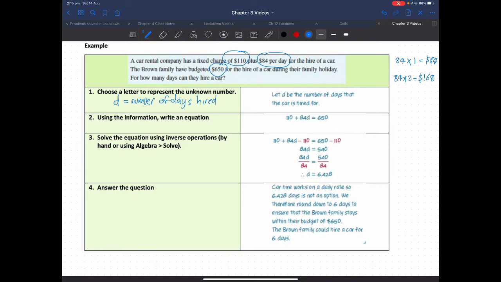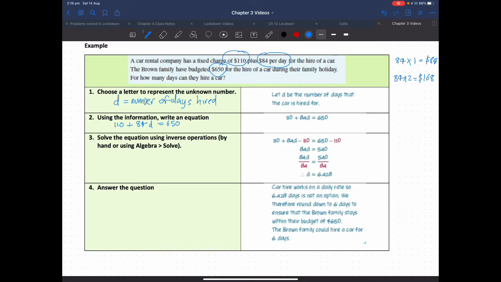Well, I know it's going to cost the Brown family $110 as a fixed charge, plus it's going to cost them $84 a day. And we want to know how many days they're doing that for. So it's 84 times D, D being the number of days. And we know their budget is $650.